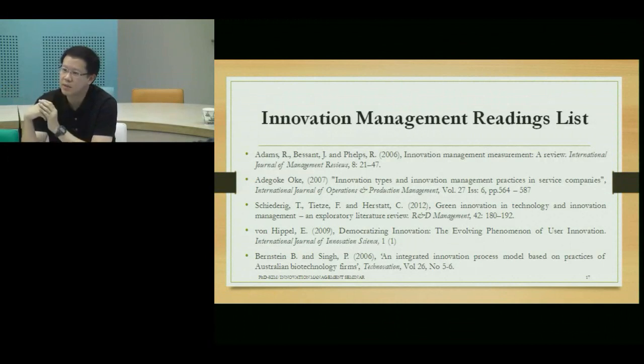So they had a comparison chart, comparison table. So the reader can see which product from which company was developed by the manufacturer, which product or which service was developed by the user. And they also talked about the importance of user-centric innovation.